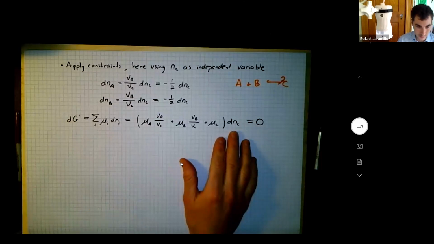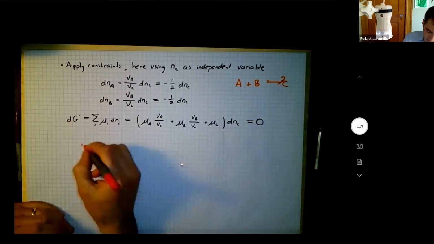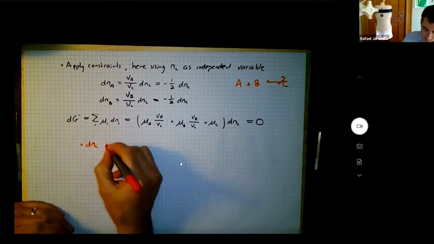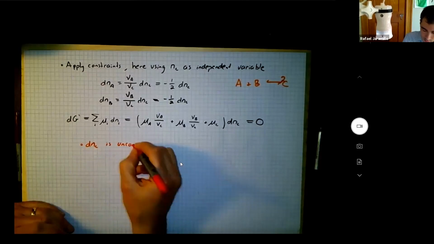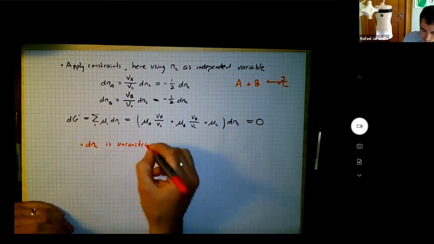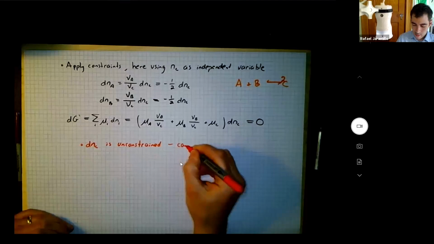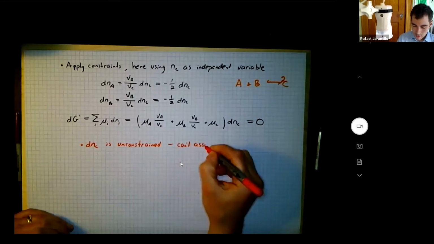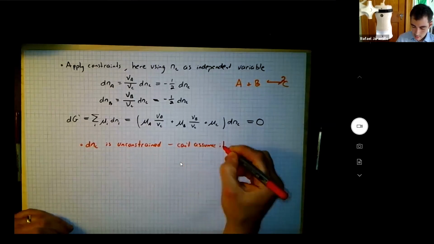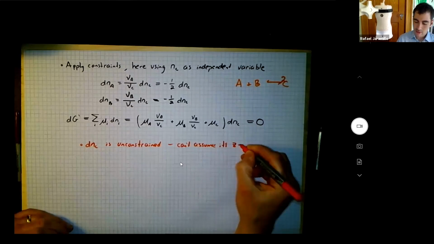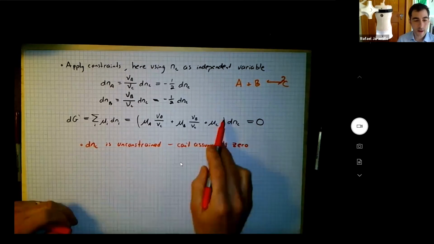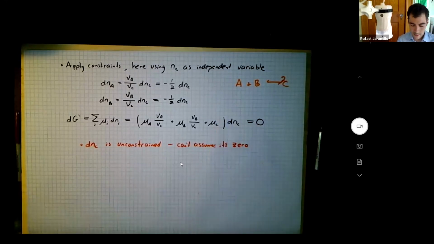I'll write down some points here. dNc is unconstrained. We can't assume that this is 0. Why is that? Why can't we assume that's 0?